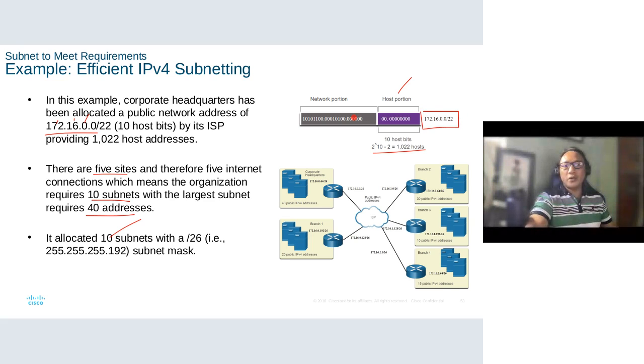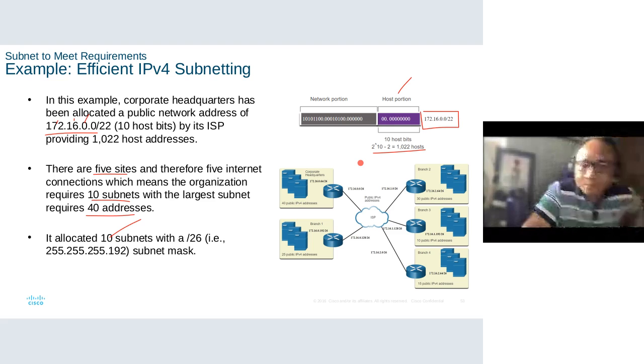Kaya tinatanong ko sa inyo, ano yung kanyang subnet mask kung /22. Okay?